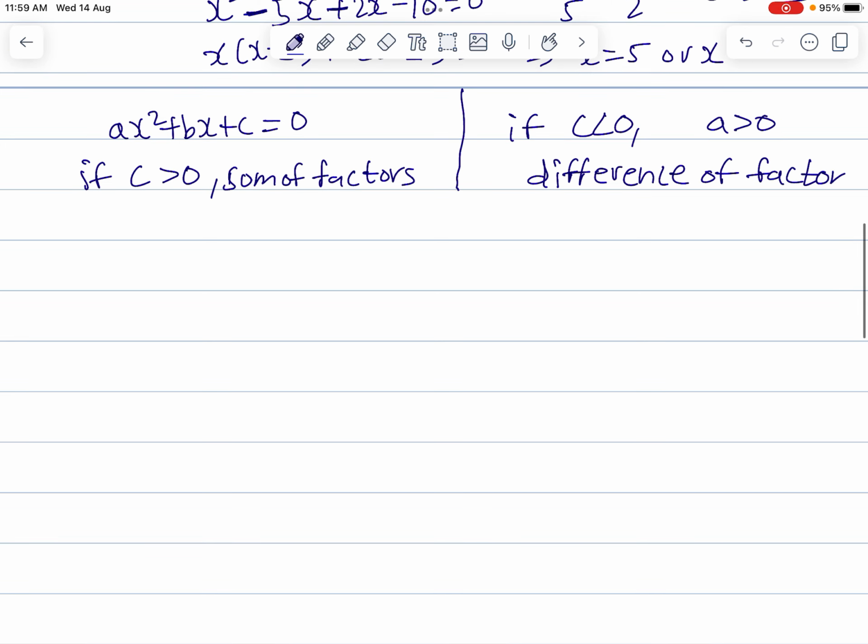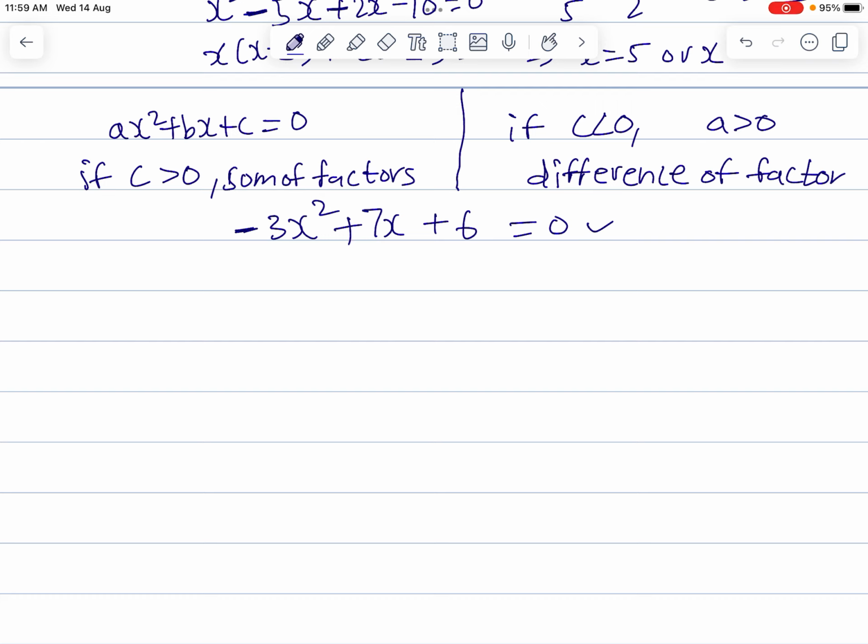Okay, now I am giving one equation, minus 3x square plus 7x plus 6.